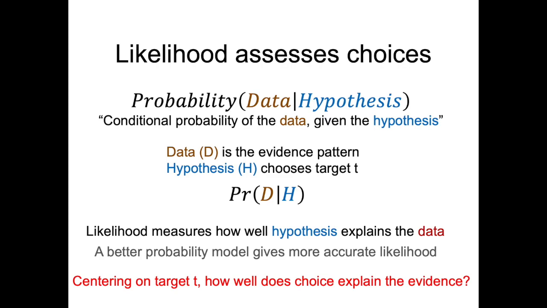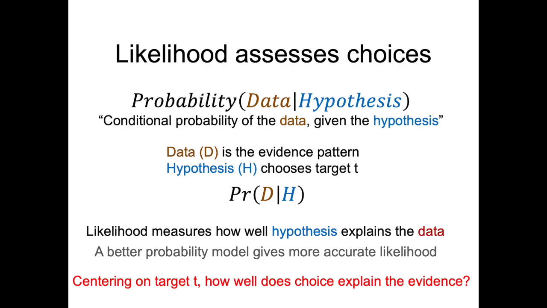The likelihood is the probability of observing the evidence data given a hypothesis or assumptions about what the data might contain. The data is typically an evidence pattern in forensics, whereas the hypothesis chooses a target, which we'll call T, and it's written in shorthand as the probability of D given H, or the conditional probability of the data given the hypothesis.